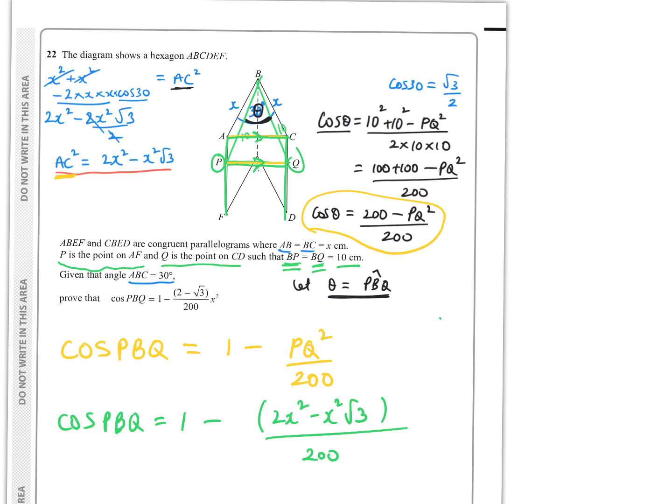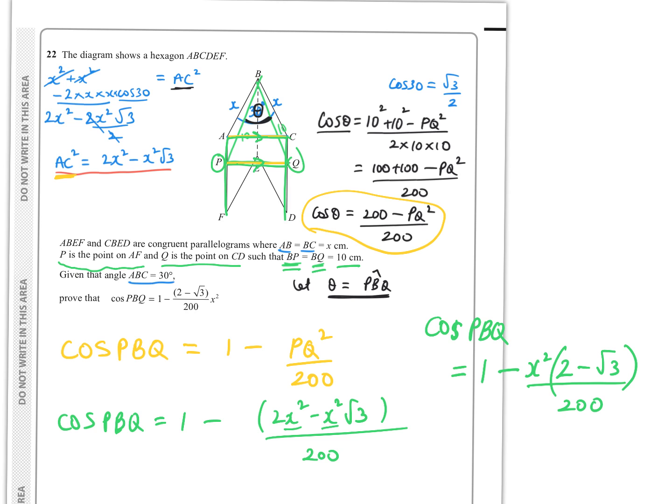So we're going to have cos of PBQ equal to 1 minus, I'm going to just have a look carefully here. I'm going to take out the x squared here, and that's going to give me 2 inside, and then a minus root 3 here, all over 200.